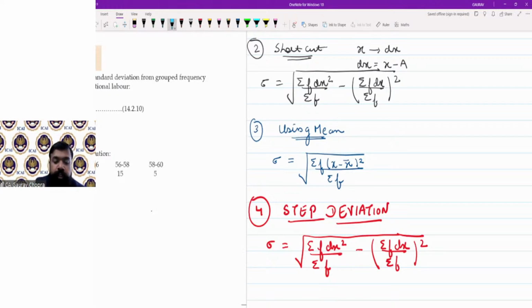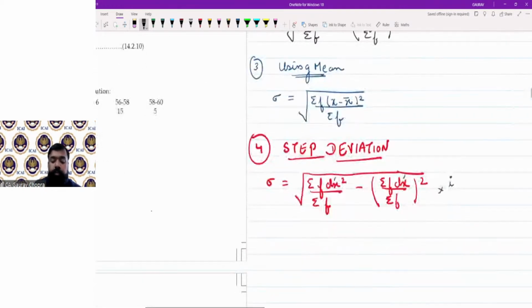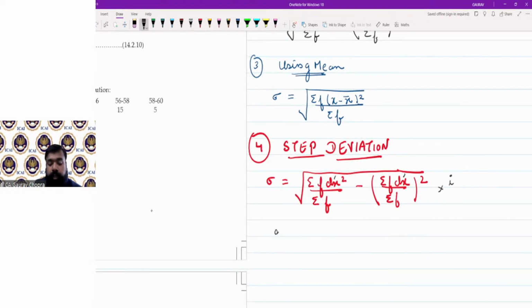Now, what is the change we have to perform here? You have to put dash over dx. So you will write dx dash, here also dx dash, and at last multiply with i. At last multiply with i. So this becomes the step deviation method, and this dx dash can be computed as x minus a upon i, or you can write dx upon i.